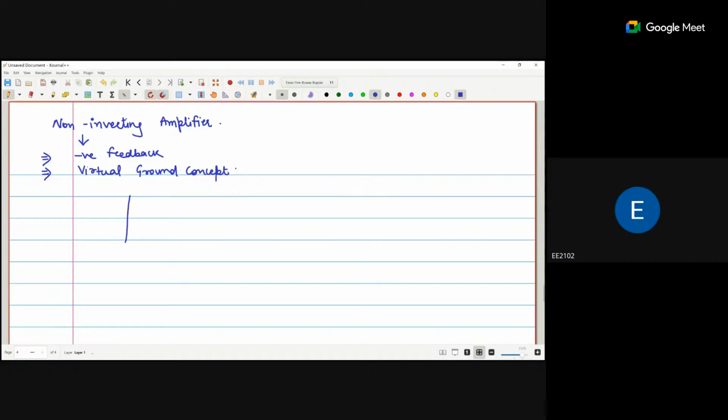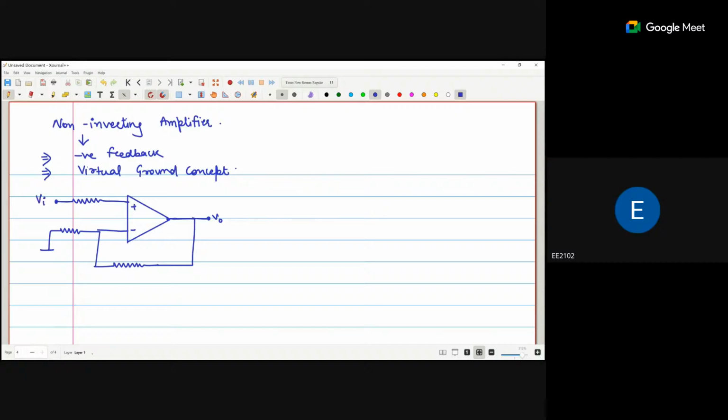Okay, so if I say to my op-amp that is grounded, Vout plus Vi.